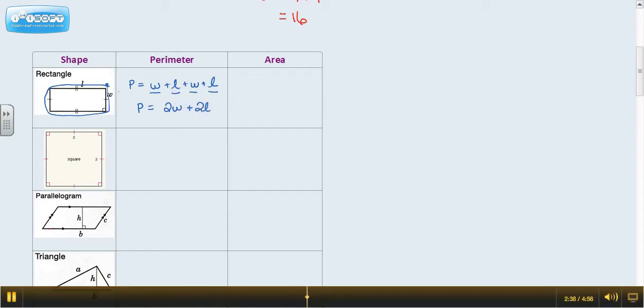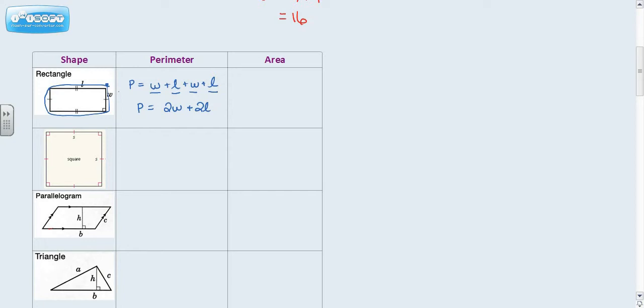So the perimeter of the rectangle is 2 W's plus 2 L's. Now the area, if I divide this rectangle by W amount of units and then L amount of units, I can get the area by multiplying my length times my width.